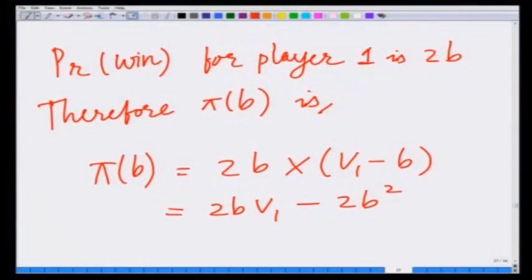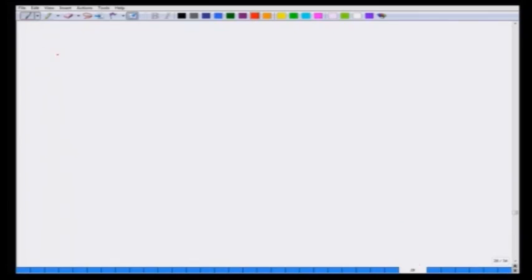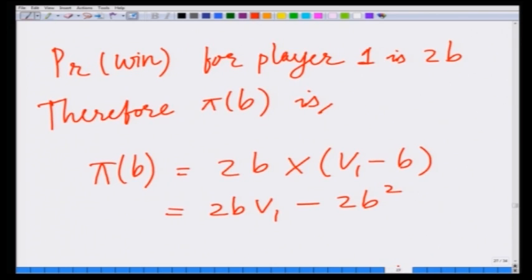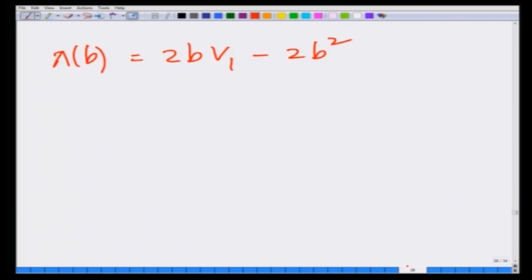Now, we have the payoff as a function of B. We have to find the B for which the payoff is maximum. For this purpose, we have to differentiate this function of B and set it equal to 0, and thereby solve it to find the best response B. So, we have pi of B equals 2B V1 minus 2B square.